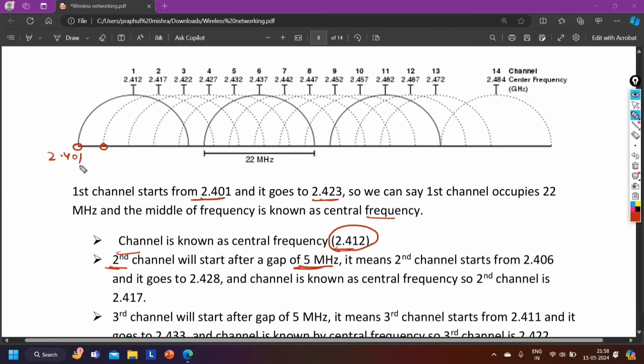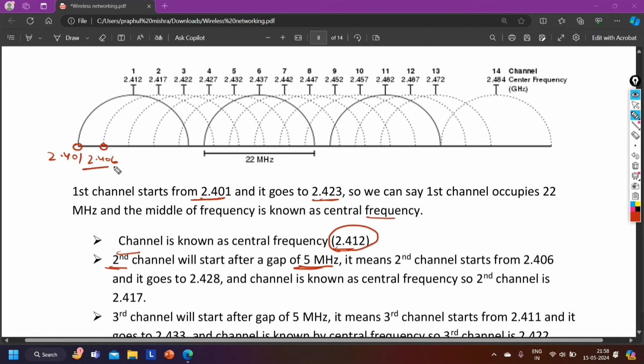So guys, if you add 5 megahertz in this frequency, what frequency you will get? 2.406. Am I right? So this is going to be second channel. Again, third channel will start after gap of 5, fourth channel will start after gap of 5, right?